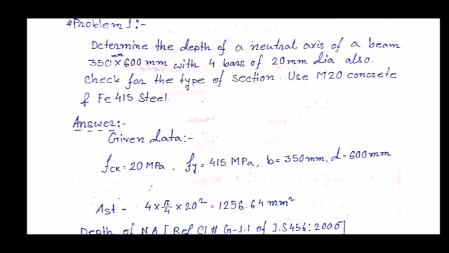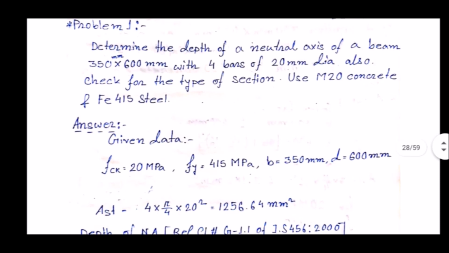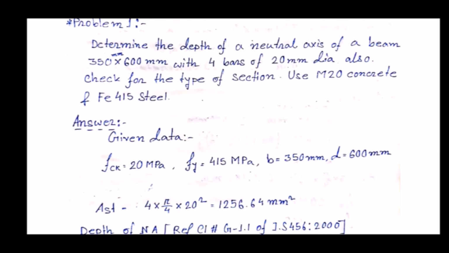That means the given data is fck, the characteristic strength of concrete, is 20 MPa or 20 Newton per millimeter square. Whatever you want, you may write the unit. fy is 415 MPa. Small b, that means the width of the beam, is 350 mm. Small d, that means the depth, is 600 mm.